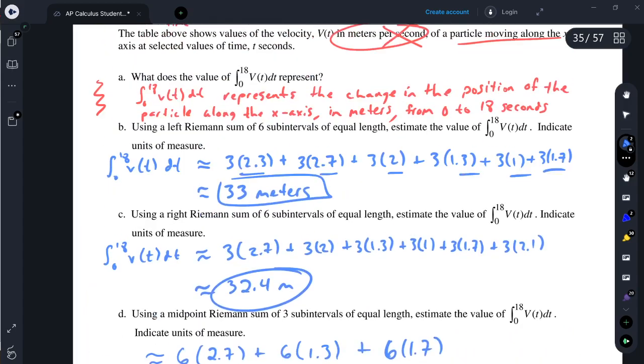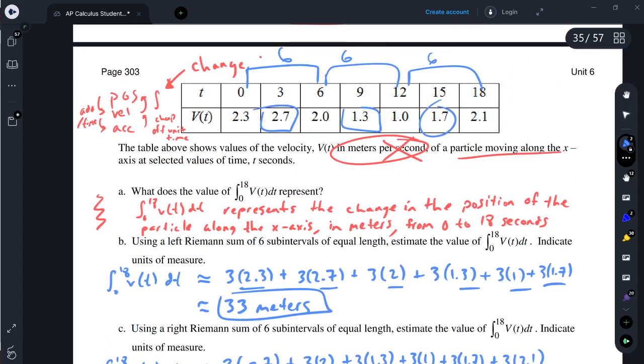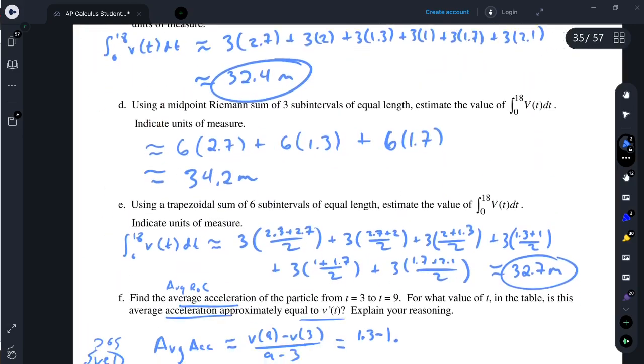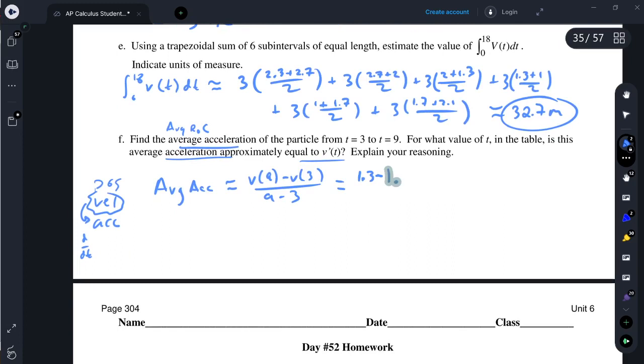y2 minus y1 over x2 minus x1. So v of 9 is 1.3 minus v of 3 is 1.7, I believe. No, 2.7. So 1.3 minus 2.7 divided by 9 minus 3. I like to leave that y2 minus y1 over x2 minus x1.